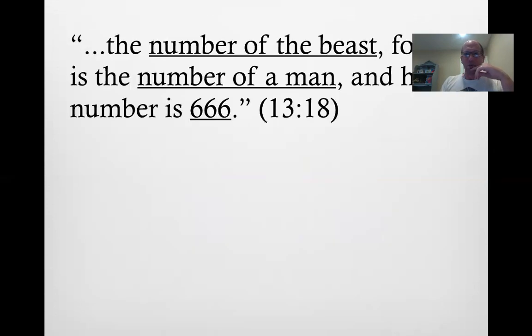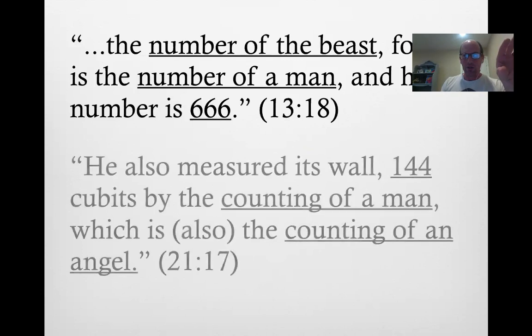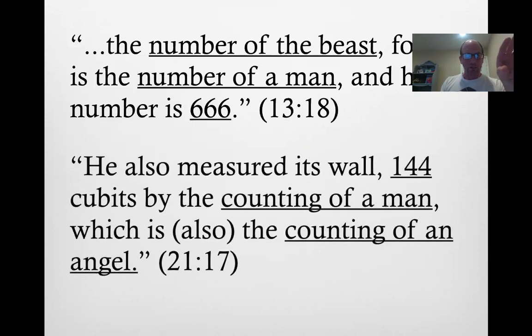Now, it is important to notice the way that John uses these in this place, right? The number of the beast, for it is the number of a man, right? Not men, not of humanity, but of a man. And his number is 666. That's important because almost immediately after this, it's followed, oh sorry, it is in chapter 14, the 144,000 put together.